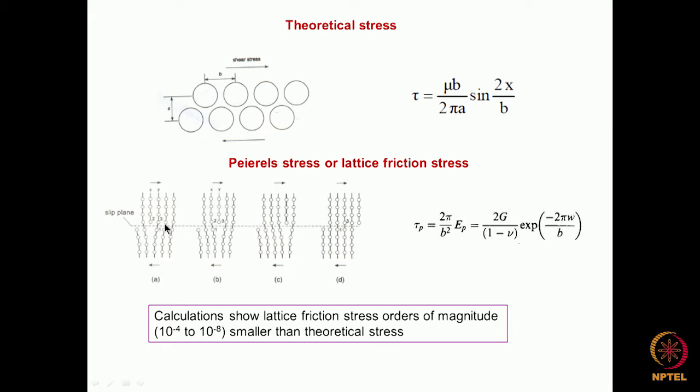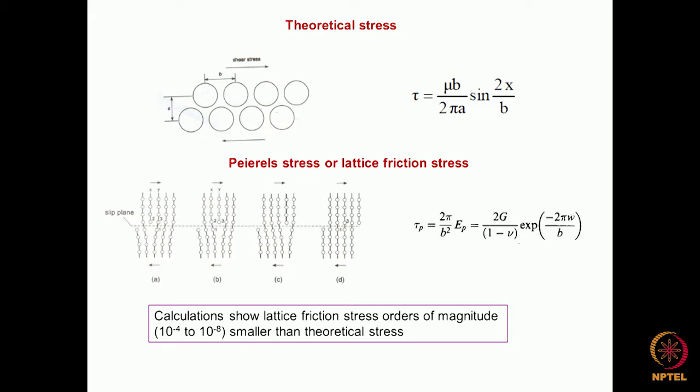In many other books you will find that irrespective of whether it is one or many, the same plane is called a slip plane. But one should understand that it is only the number of dislocations that defines whether it is a glide plane or a slip plane; it is the plane in which the dislocation moves. That is the thing you should understand.